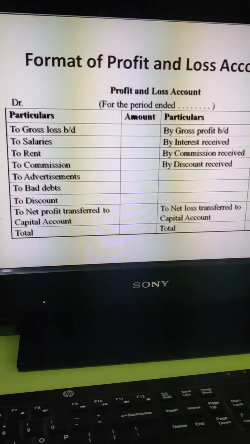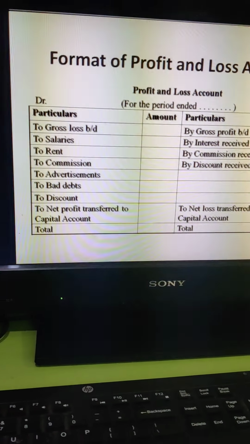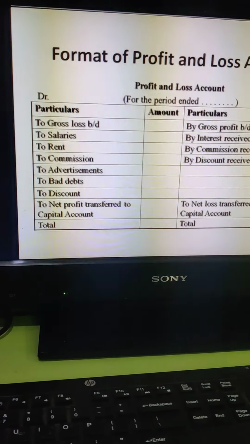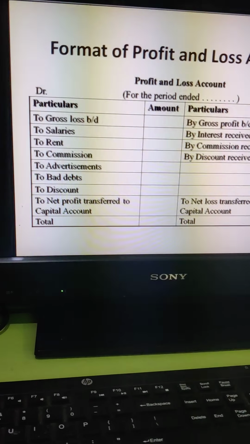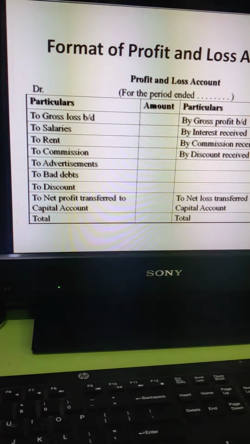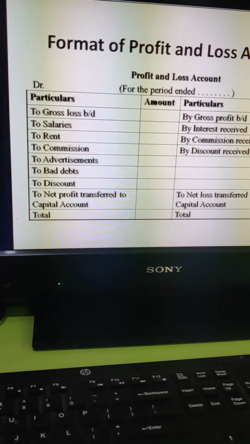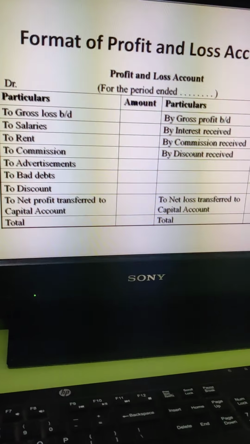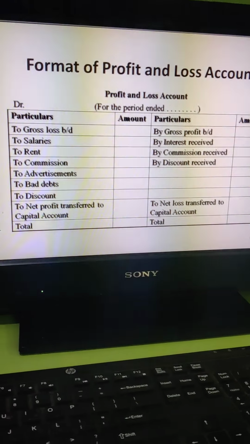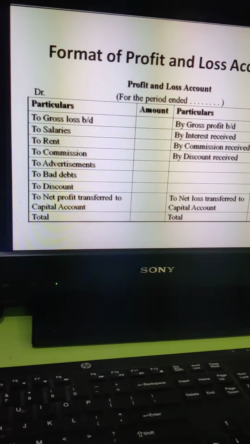So these are the incomes and these are the expenses appearing on the debit and credit side. So on the debit side, you have the expenses which are indirectly related to your production or they are related to the maintenance or operation of the business. And on the credit side, we have the incomes which are indirectly related.